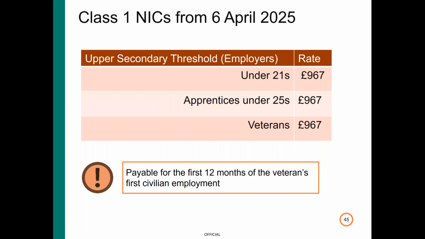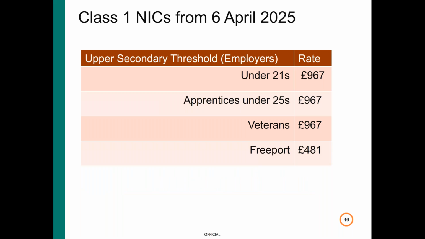Although extended from April 2025 to April 2026, it is still only payable for the first 12 months of the veteran's first civilian employment. The Freeport upper secondary threshold remains at £481 per week.